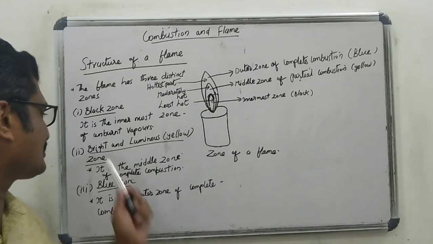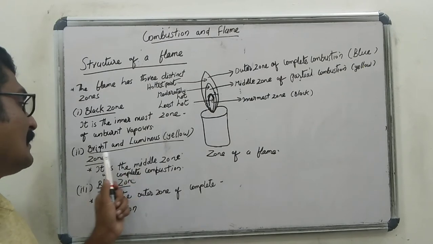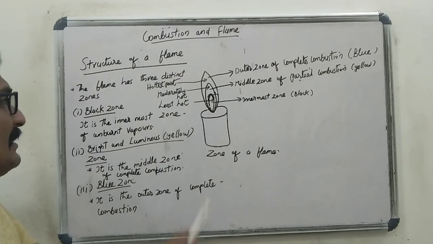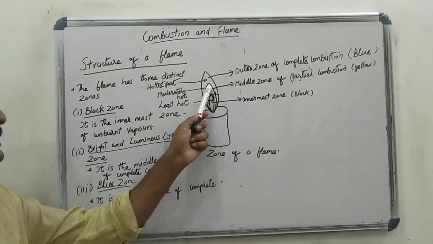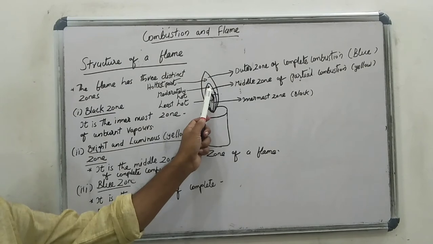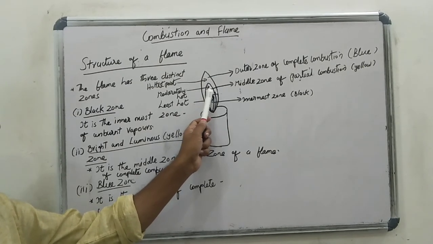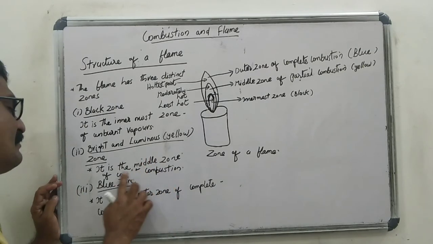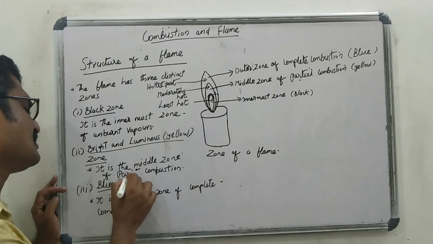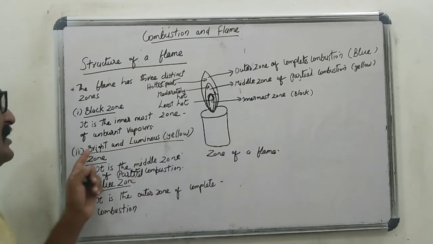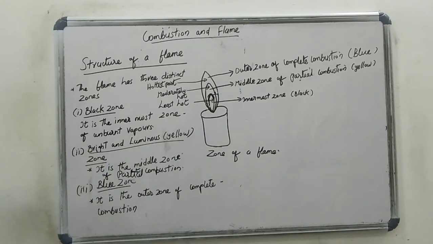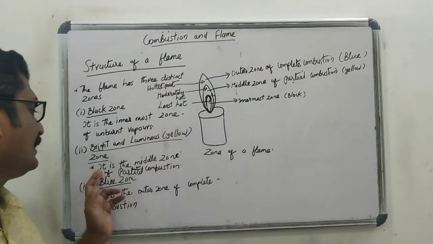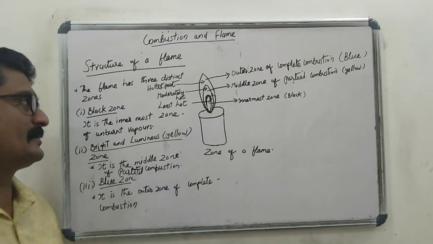The next zone is the bright and luminous yellow zone. It is the middle zone of partial combustion.